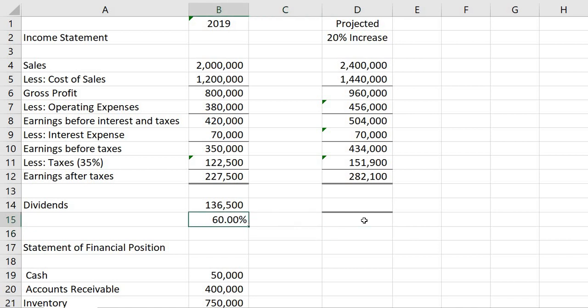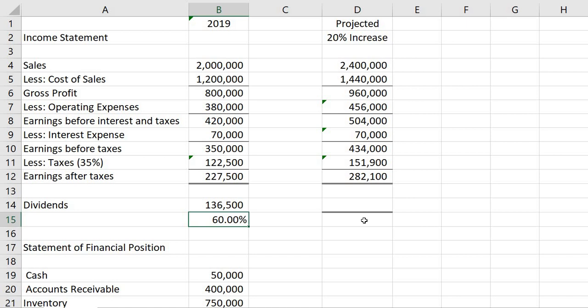How much are the dividends? We cannot apply the 60% dividend payout ratio here because, based on the problem, it already gave the ending balance of equity or retained earnings for the projected statement of financial position.